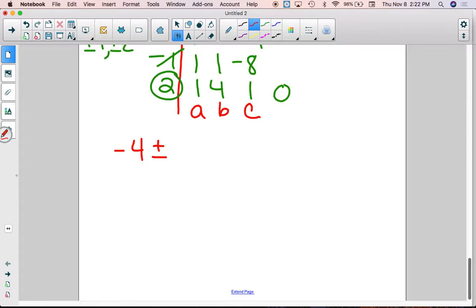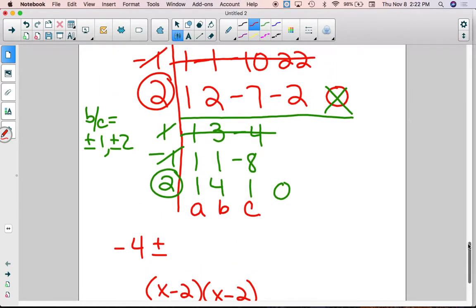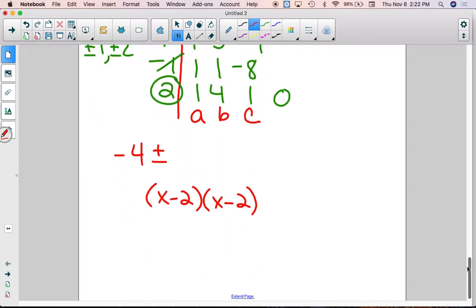Because I have those positive 2's, that means x minus 2 and x minus 2 would be factors. If I could have factored it, it would have factored. Those are 2 of my factors. That's where I got my 2 positive 2's that I got with synthetic division.